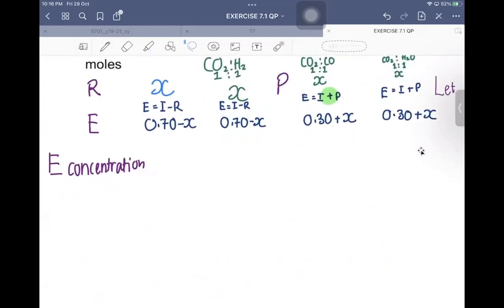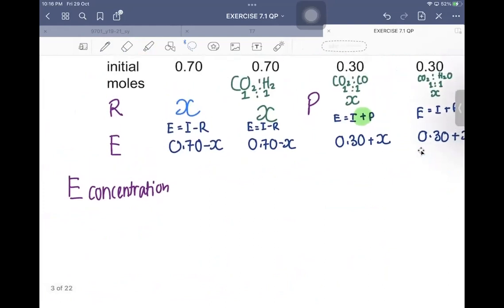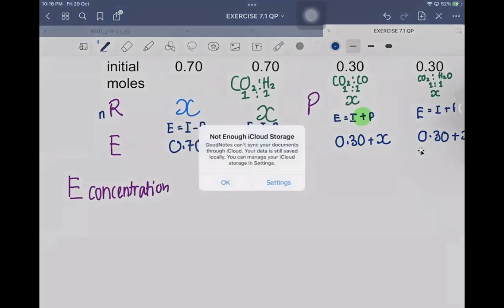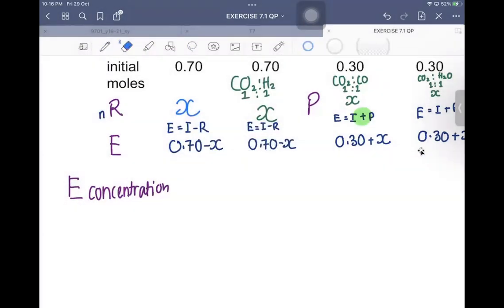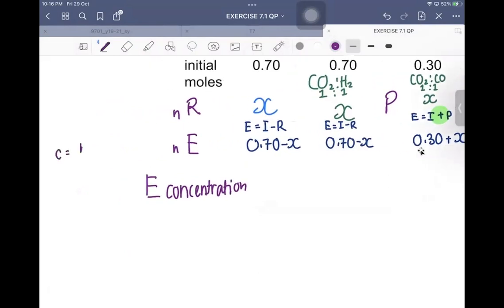Next, concentration is equal to number of moles over volume. You see here, initial moles, number of moles reacted, number of moles at equilibrium. I know this is a long question. To find concentration, which is what you should be using in Kc, C is equal to n over V, n in mole, V in dm cube.